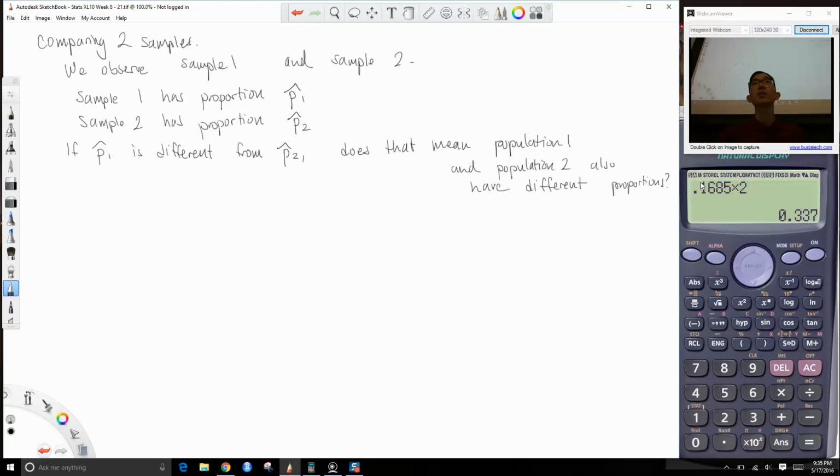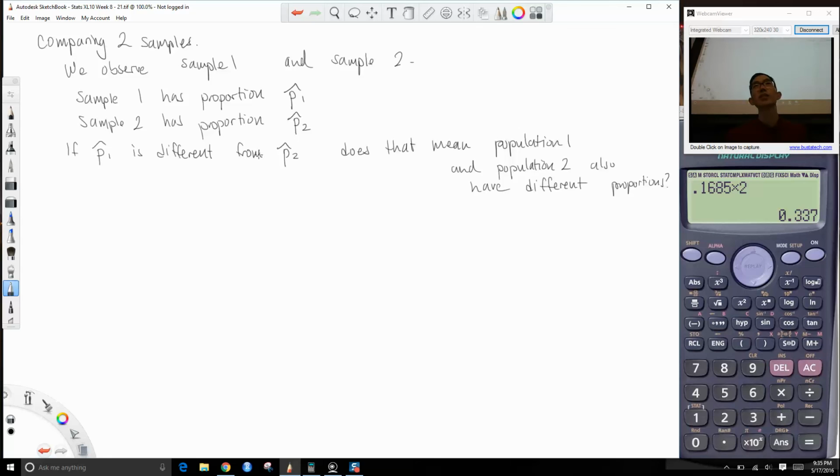Yes. Could you switch it either way in the same question? What do you mean? Like, when you're writing it out, could you switch around P1 and P2? What I call sample 1 and what I call sample 2 is arbitrary.